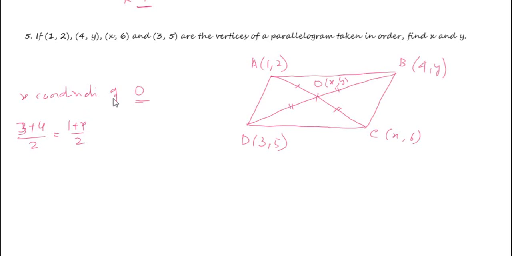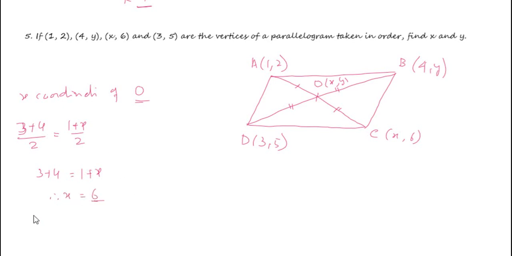This is the x coordinate of O. From this, 3 plus 4 is equal to 1 plus x. Therefore, x equal to 7 minus 1, x equal to 6.